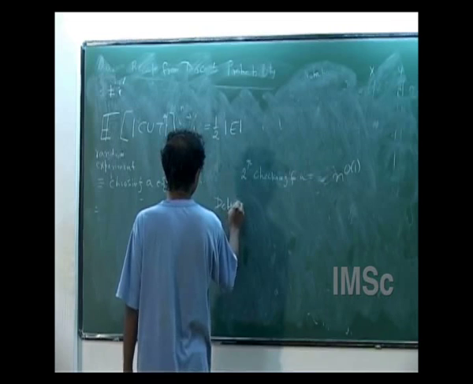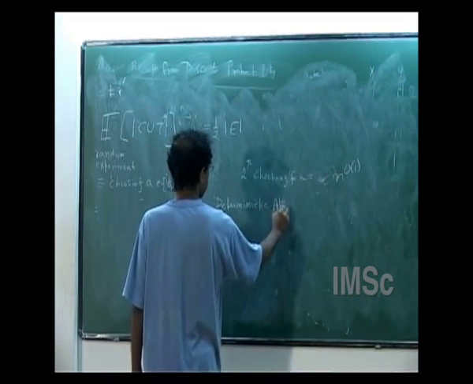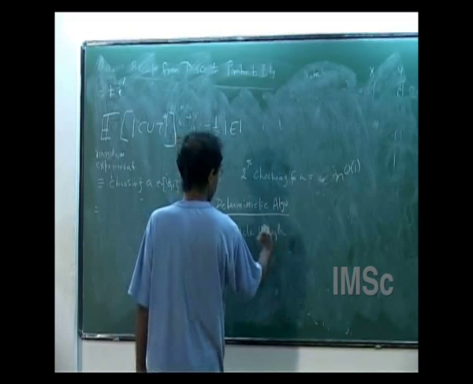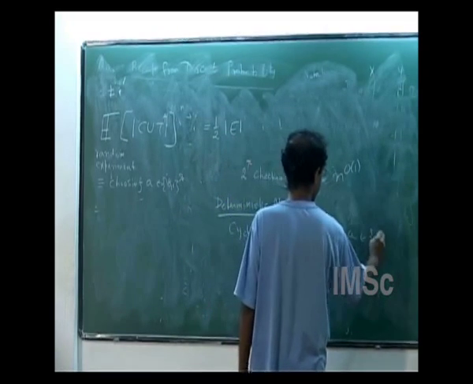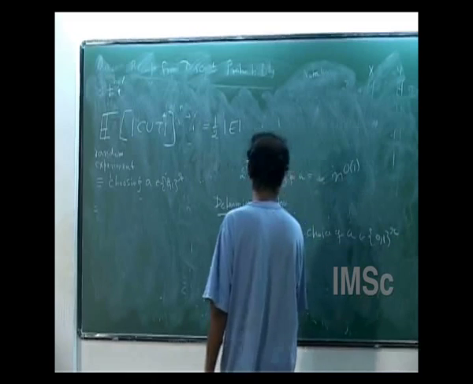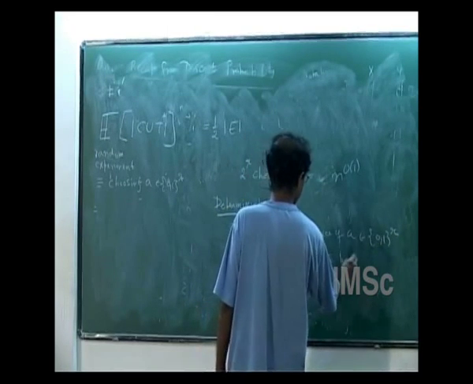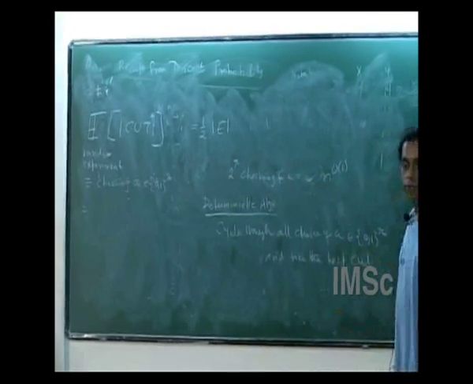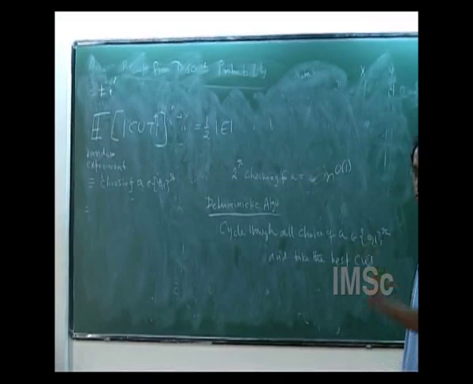Deterministic algorithm: cycle through all choices of A and take the best cut. This is one example of de-randomization. You could de-randomize the algorithm completely.